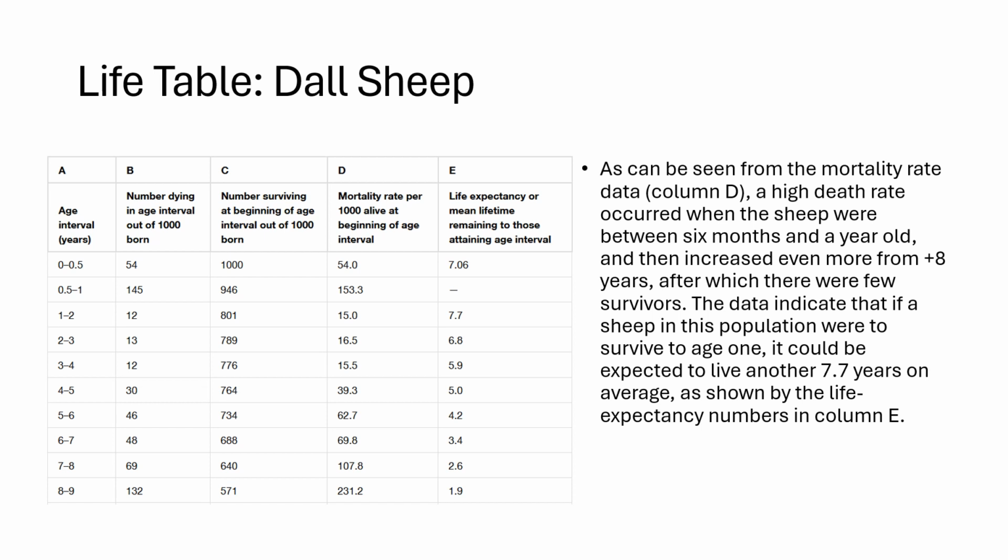And then as you age from 8+ years out, the life expectancy falls. So the data indicates that if the sheep in this population survive to 1, then it can be expected to survive another 7.7 years, but as the age increases, there is less likely chance that the animal will survive.